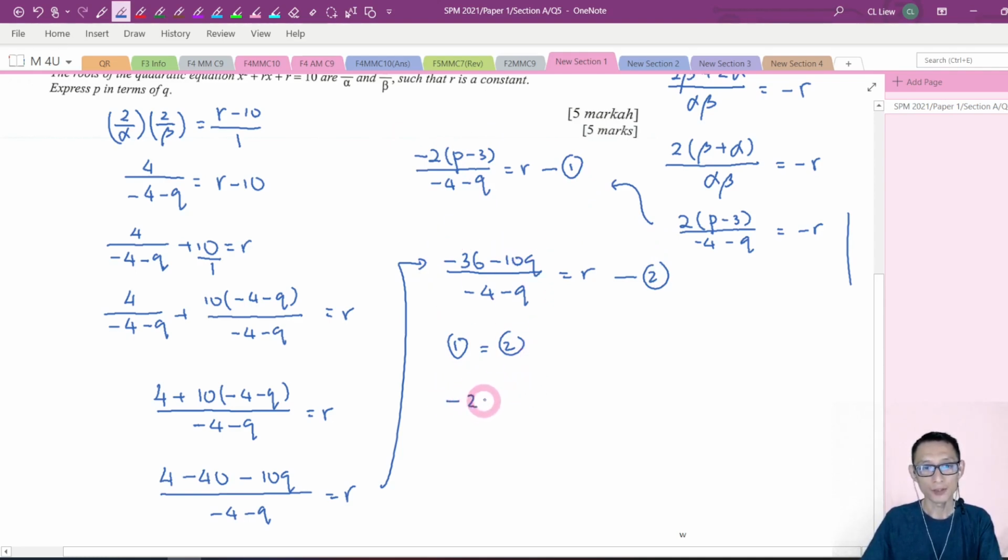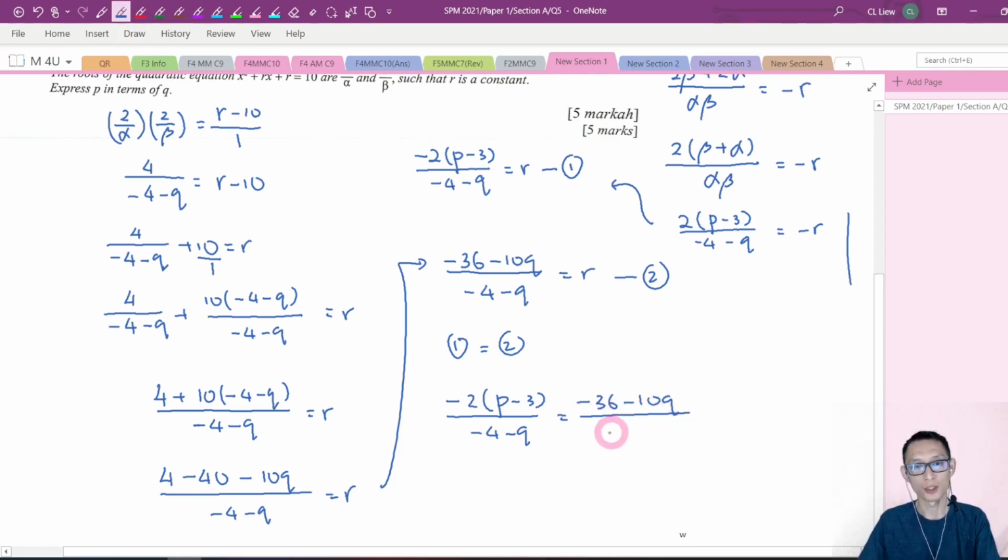I'm going to write negative 2 times p minus 3 over negative 4 minus q is equal to negative 36 minus 10q over negative 4 minus q. Okay, both sides have exactly the same denominator, so I can just ignore this. This whole thing is equal to this.